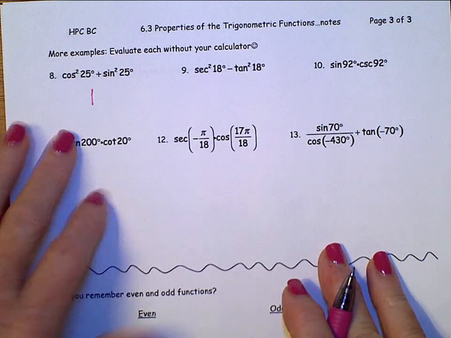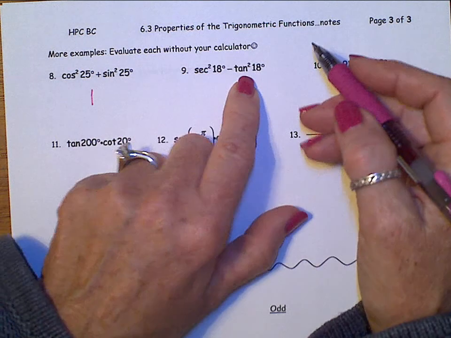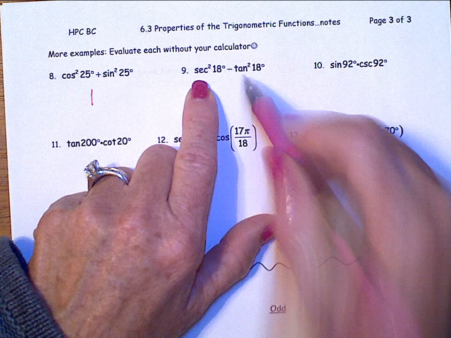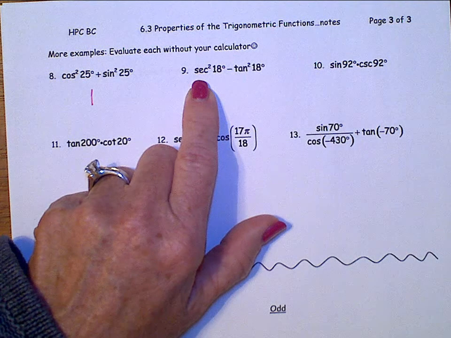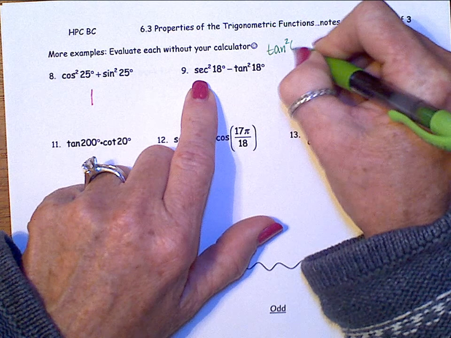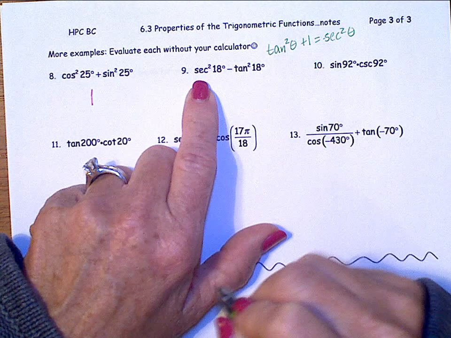All right, look over here. Secant squared 18 minus tangent squared 18. Well, this has secants and tangents in it, so we go back to that identity, which again was tangent squared theta plus 1 equals secant squared theta.